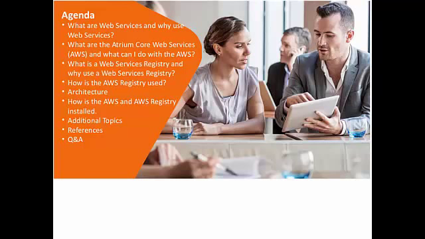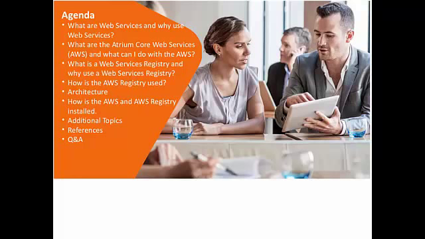So the agenda today, I'll give you a little bit of background information on what web services are and why you would want to use them, and then what the Atrium Web Services are, the Atrium Core Web Services, and what you can do with them.